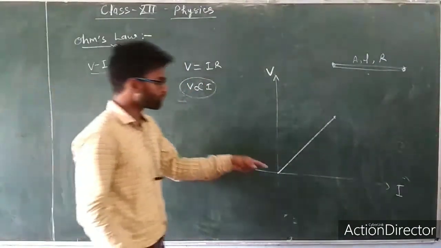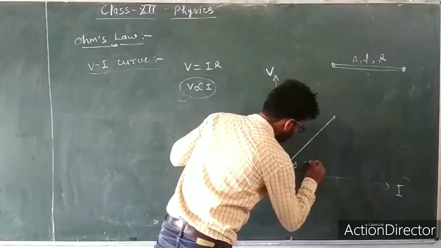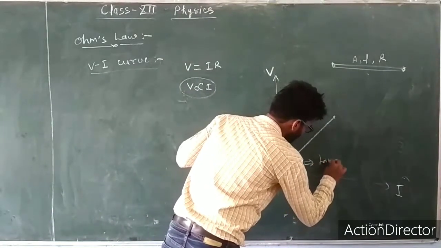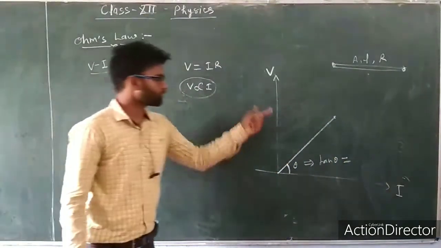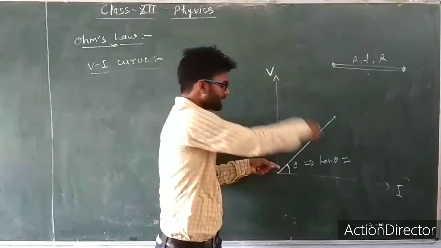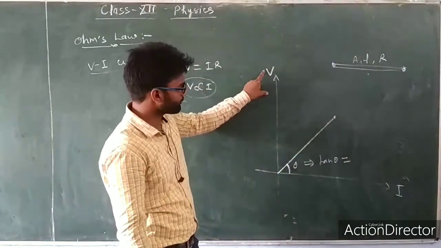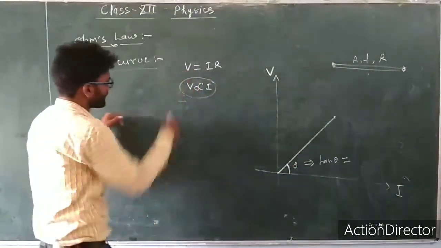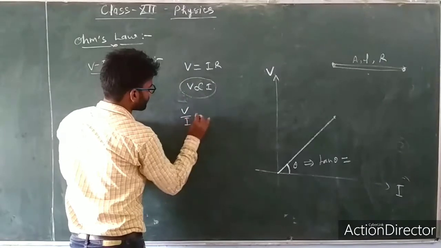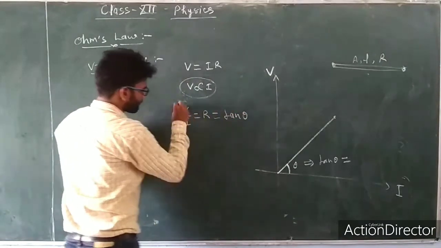And what will be the slope of this particular graph? This is theta, so slope is tan theta. What is slope? The y quantity divided by the x-axis quantity. The y quantity is V, the x-axis quantity is I. So V by I, from this equation, V by I is equal to R. That is the slope of the curve, right?